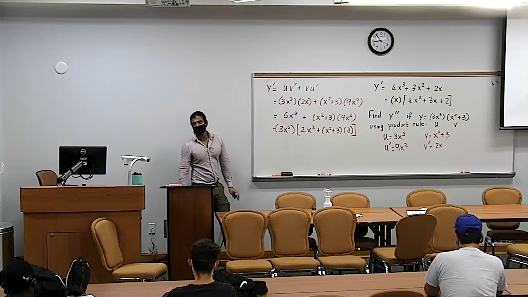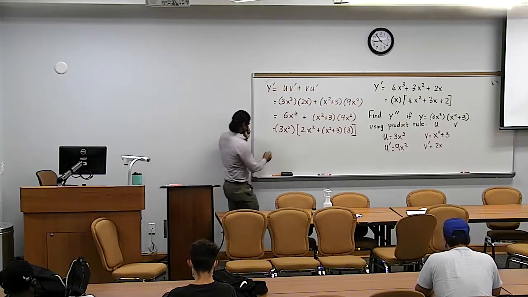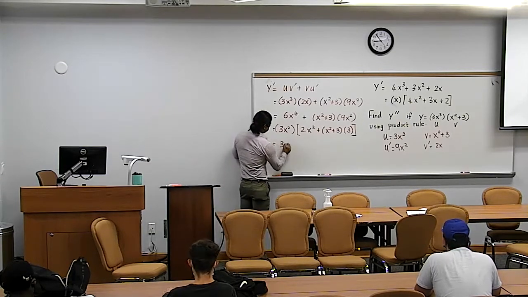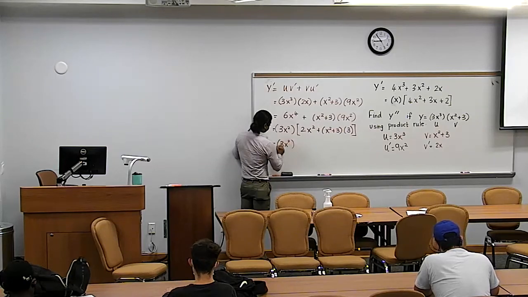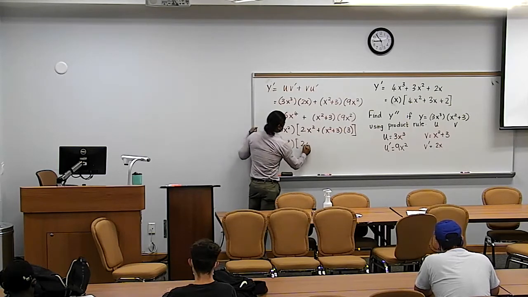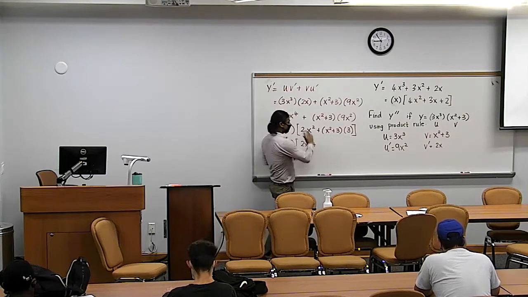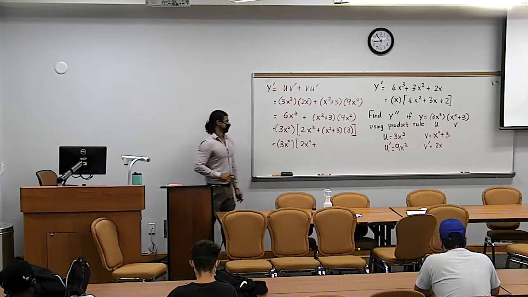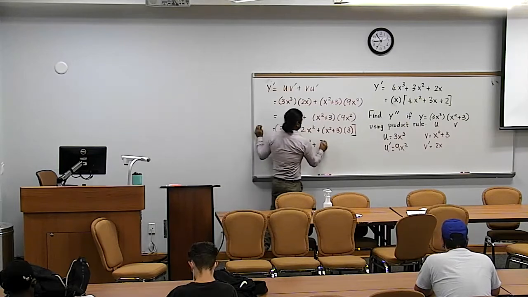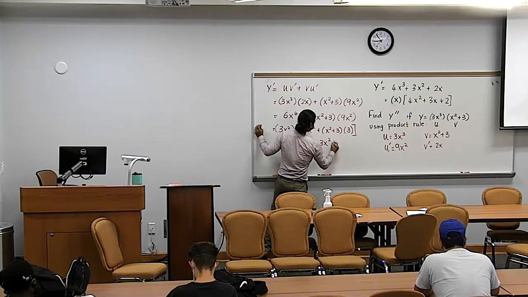Good so far? Distribute that. Always try to simplify. It looks nice. 3x squared plus 9.